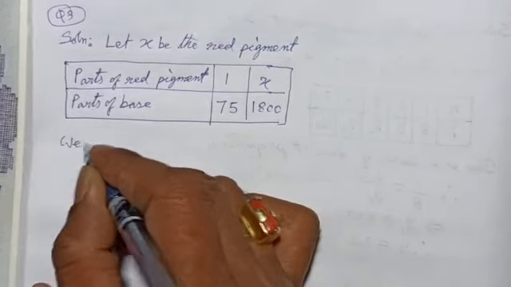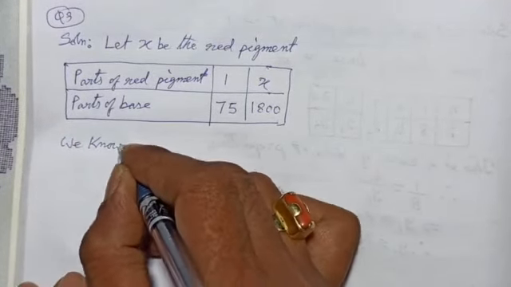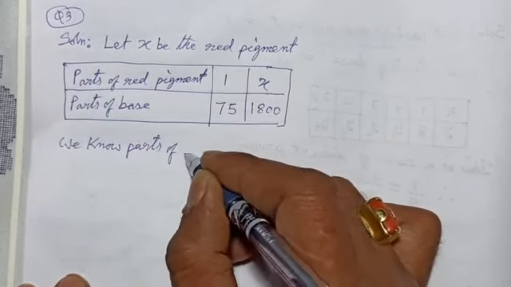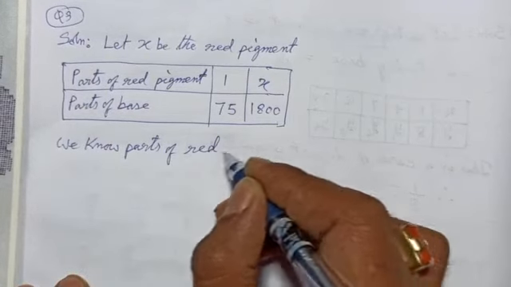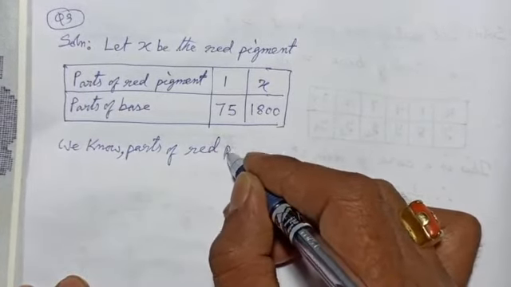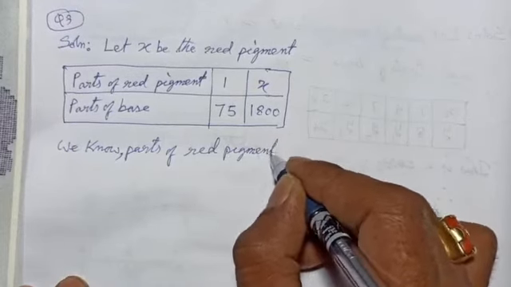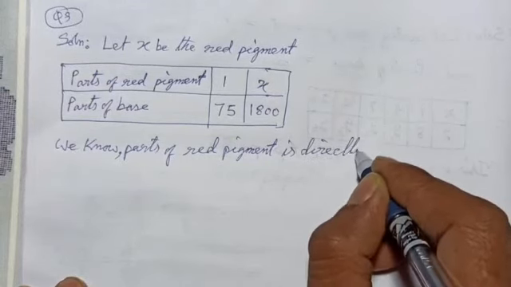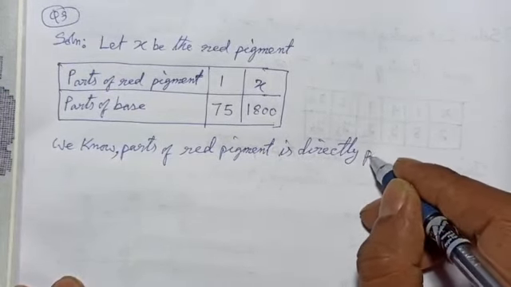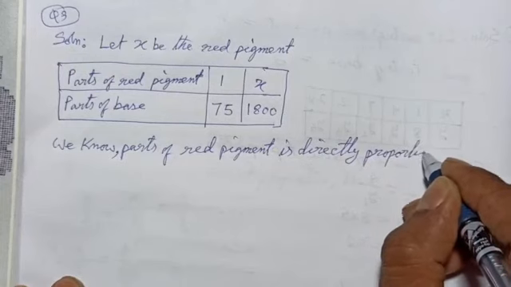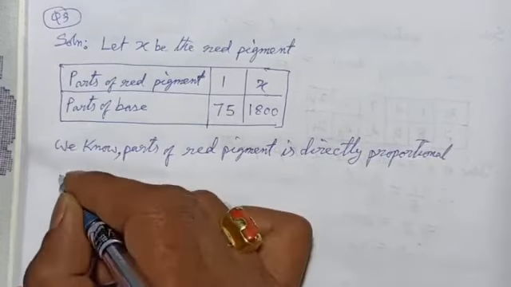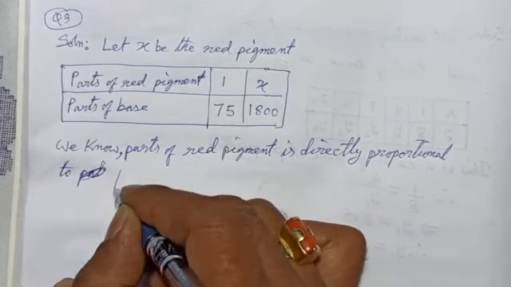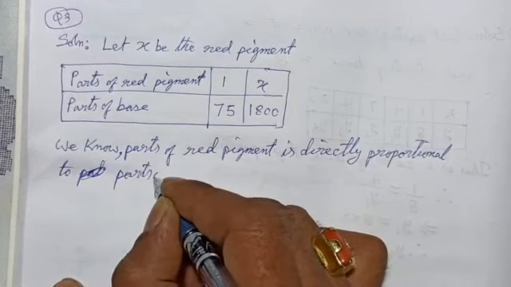We know parts of red pigment is directly proportional to parts of base.